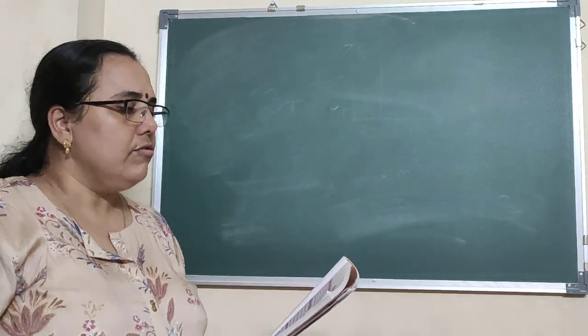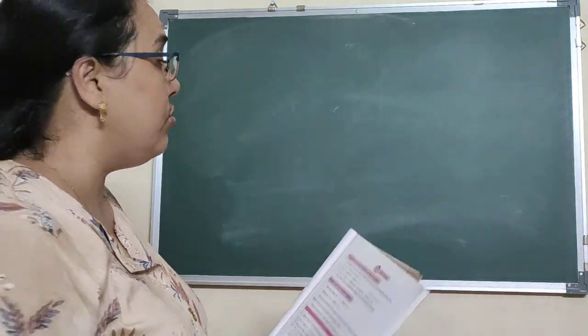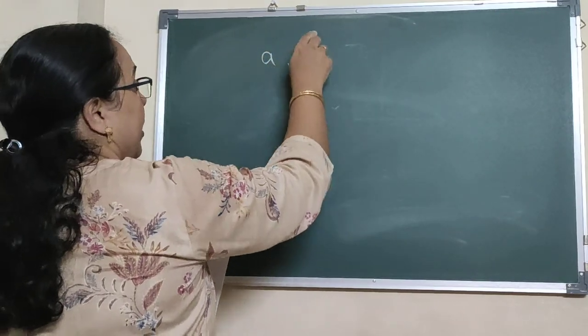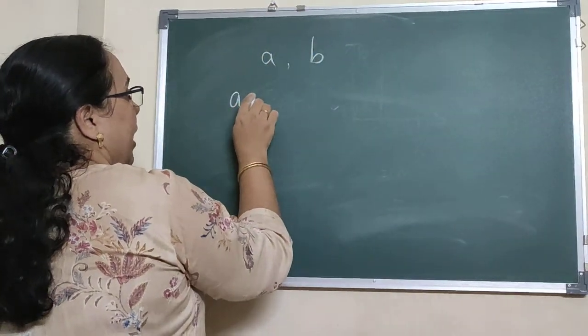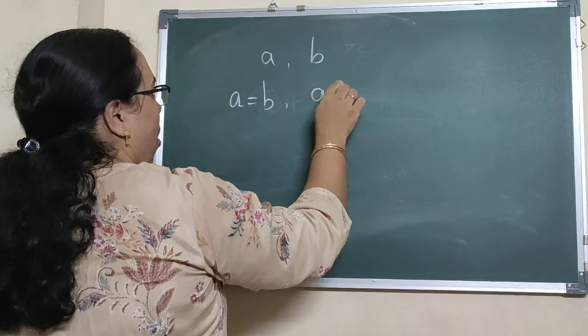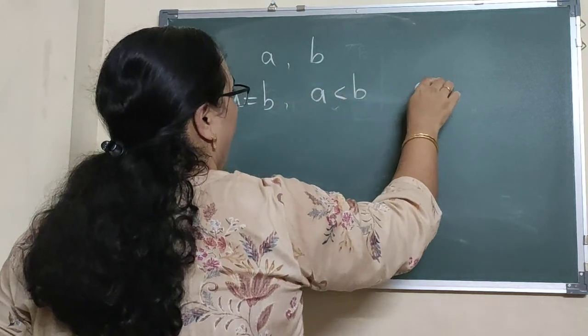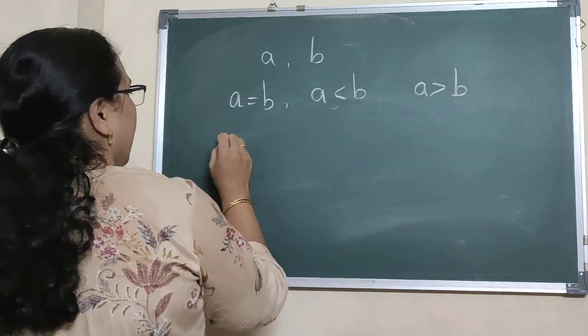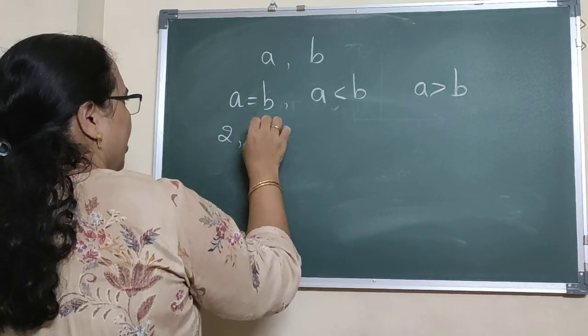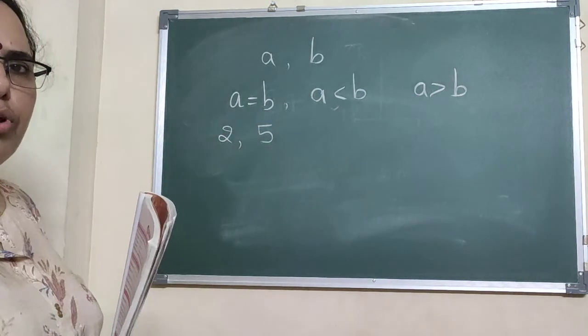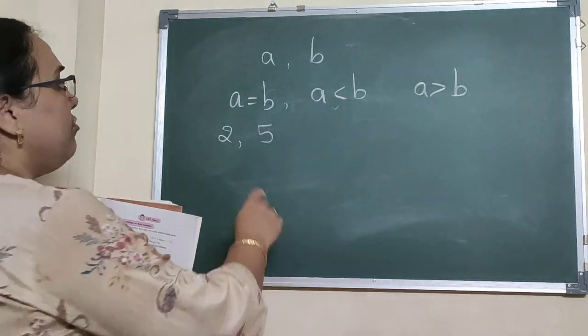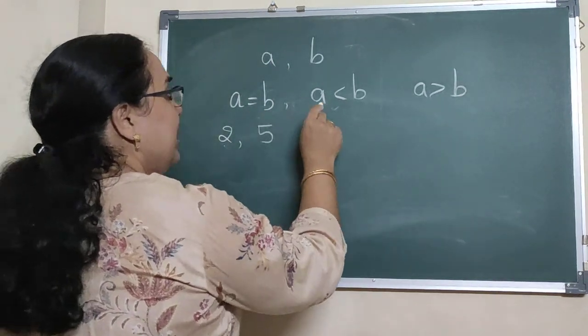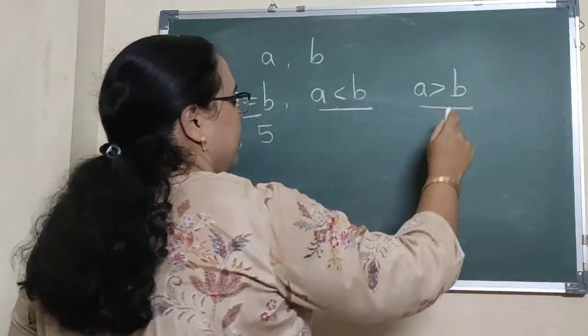Is that clear? So now here if you have two real numbers, A and B, what is possible? Either they are equal or A is less than B or A is greater than B. So let us take one example, suppose 2 and 5. 2 and 5 are 2 real numbers. Now among these, which relation will exist?